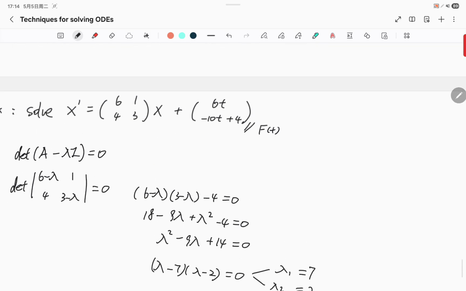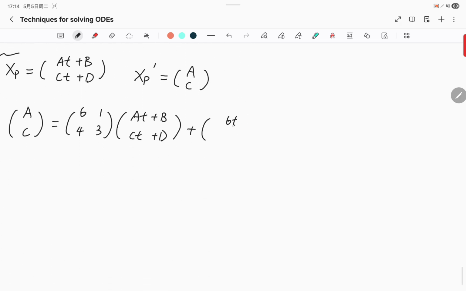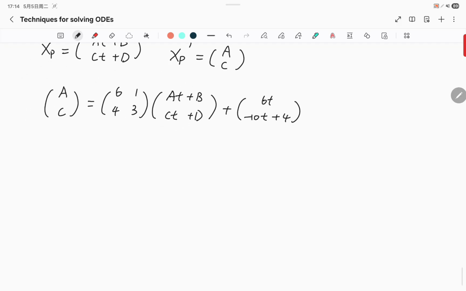And my f of t is (6t, minus 10t plus 4). Now our job is to find the values of a, b, c, d.